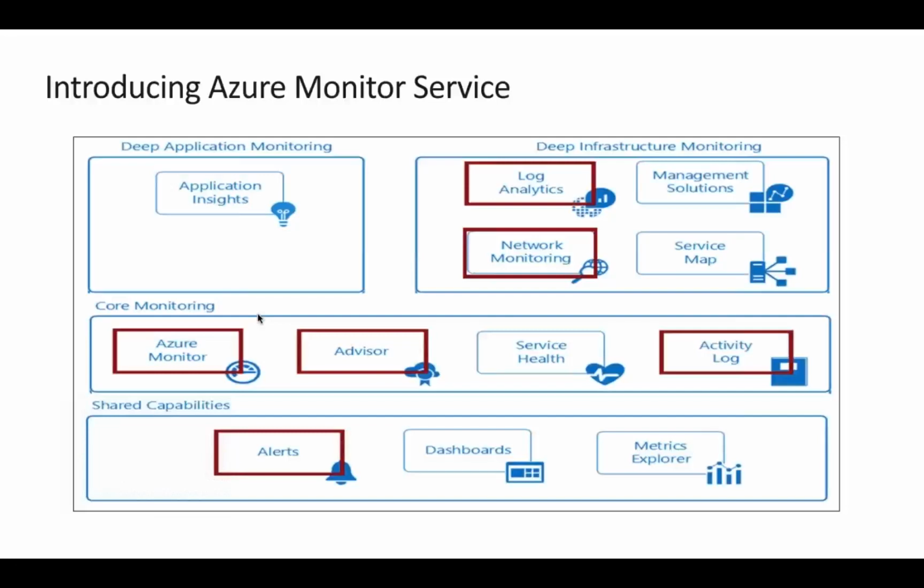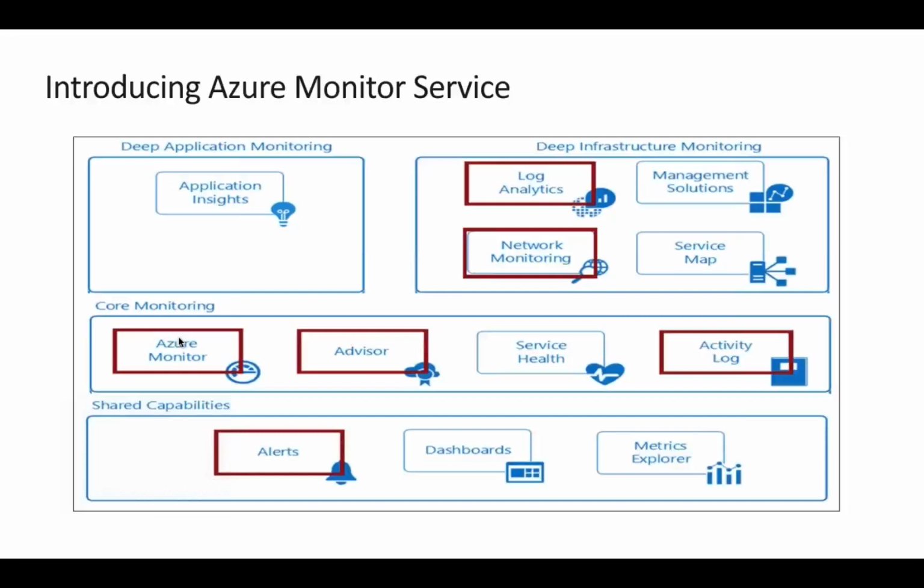Take an example: you have hundreds and hundreds of VMs, 50 to 100 storage accounts, multiple web apps, multiple load balancers running for different clients. And now you want to continuously monitor every individual resource which is critical to a specific client.